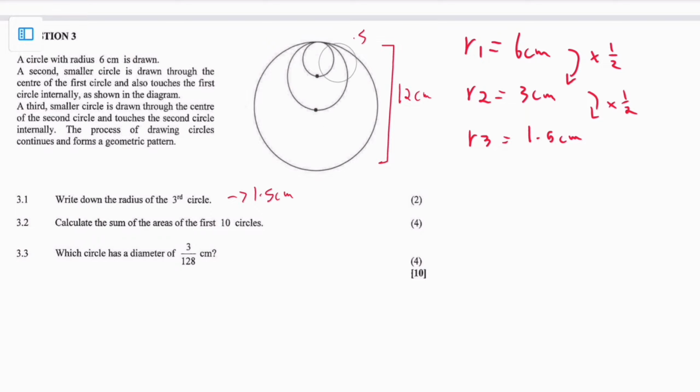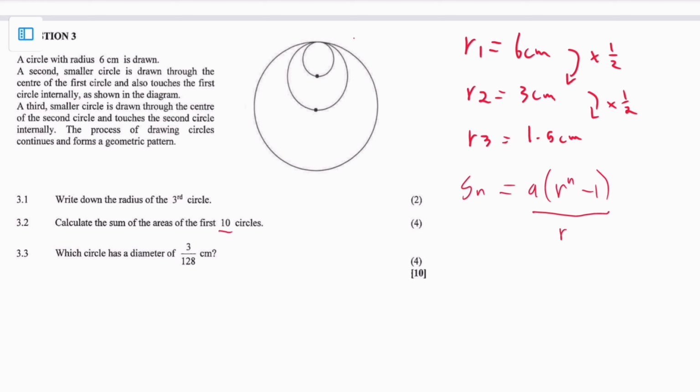Okay, now we calculate the sum of the areas of the first 10 circles. So just note, what do we have here? We have a geometric sequence. So what is the general formula for the sum of terms in a geometric sequence? This is the formula, where A is your first term and R is your ratio.